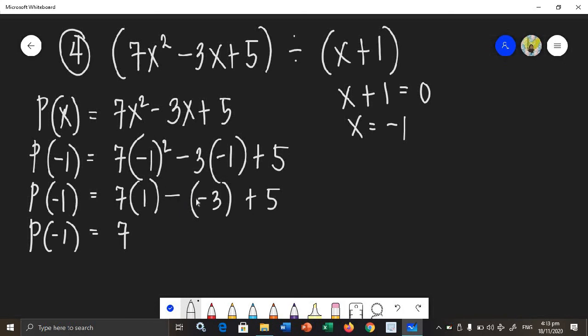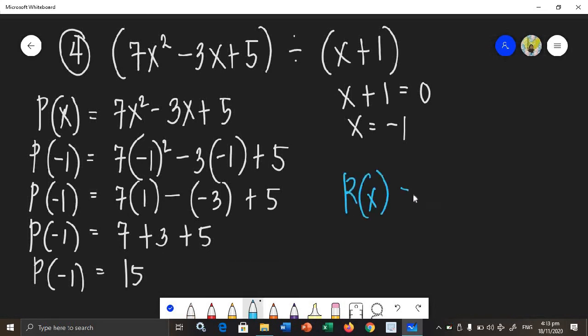And then we can multiply the sign. So negative times negative 3, okay, the answer is positive 3. And then we have plus 5. And then continuously compute for the answer here. 7 plus 3, the answer is 10. Plus 5, the answer is 15. Therefore, without computing for the quotient, you know the remainder of example number 4 is 15.